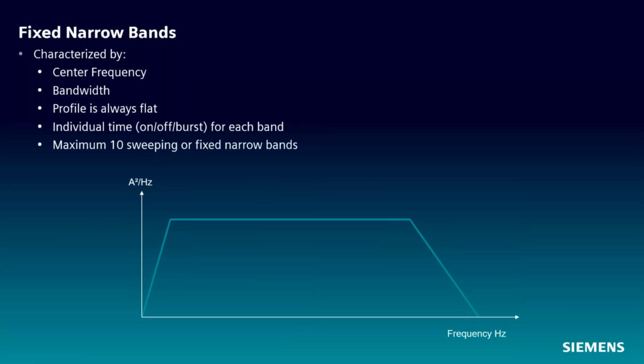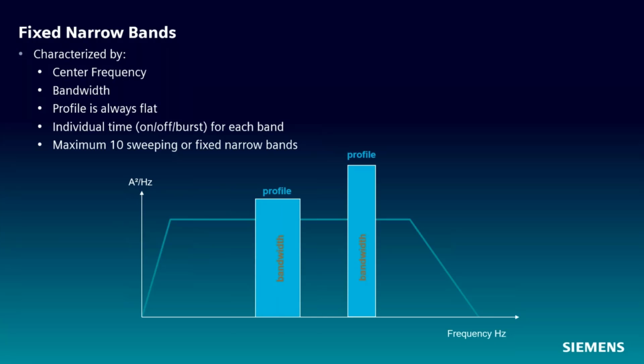The next type of combined mode is fixed narrowbands, which is the baseband random, but then you have these flat tones or bands of tones that go on top of that. The profile here for fixed bands is always flat. You define a center frequency and a bandwidth.